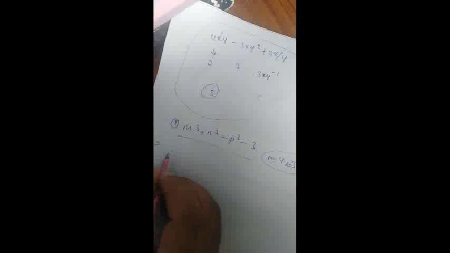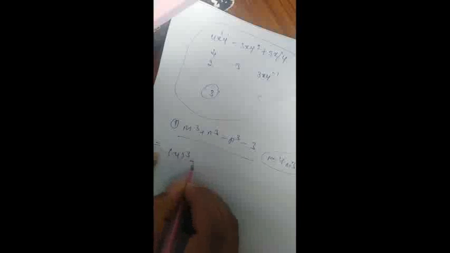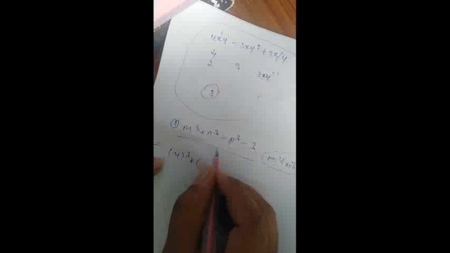How to find it? The m value is 4 to the power of 3 plus the n value, which is 3, minus 3 we can take, so minus 3 cube, minus the p value 2 to the power of 3, minus, here we can represent the formula: 3 into 4 into minus 3 of 2.